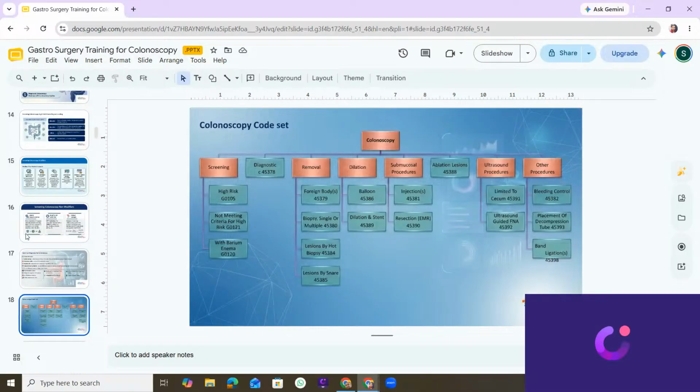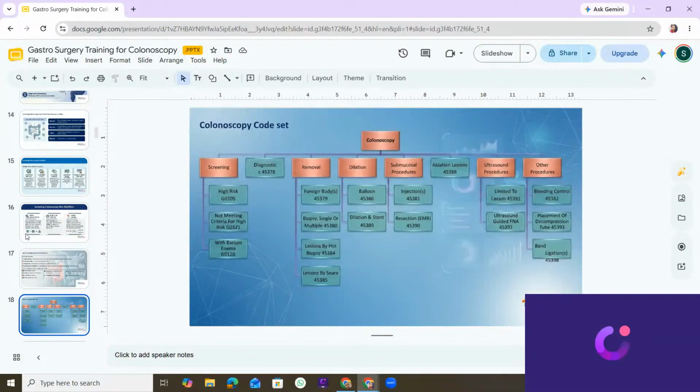If the colonoscopy is performed for dilation by ballooning, 45386; dilation and stent, 45389. Submucosal procedure injection is 45381, or resection, EMR, 45390. Ablation of lesion is 45388.